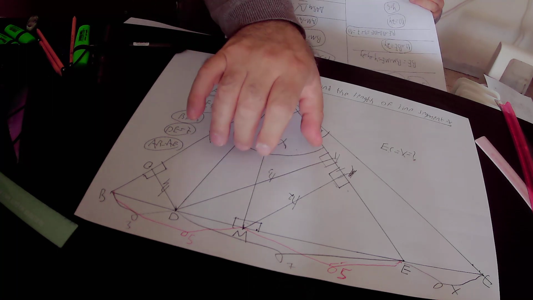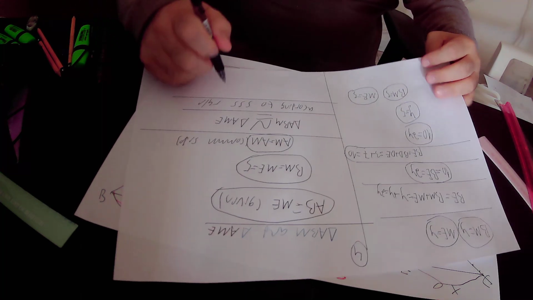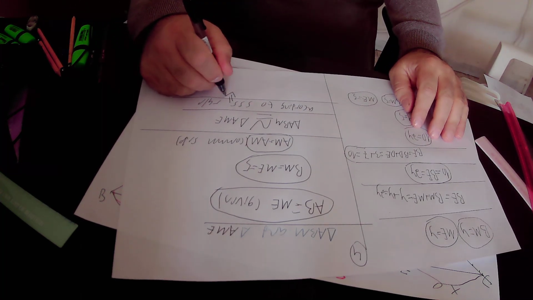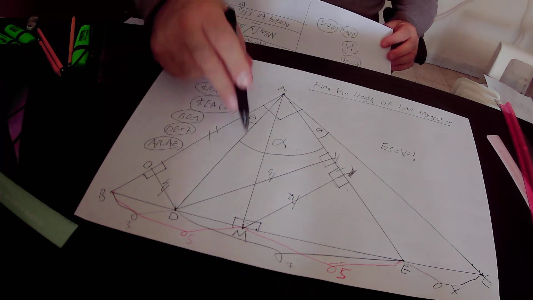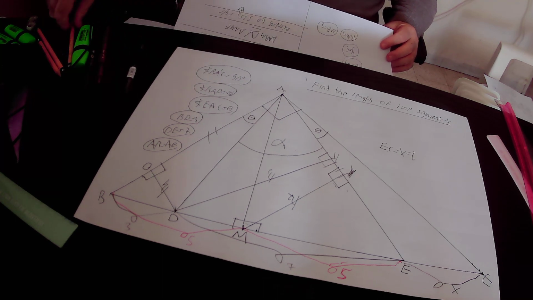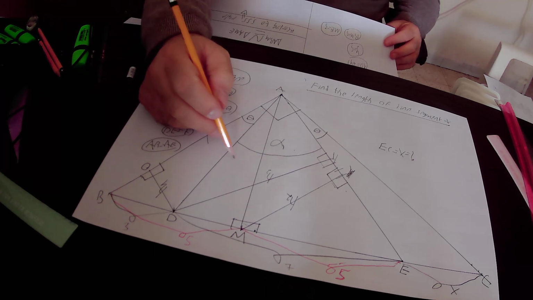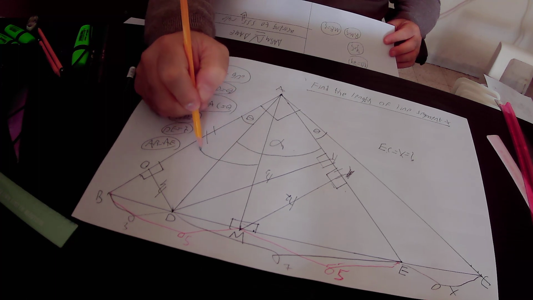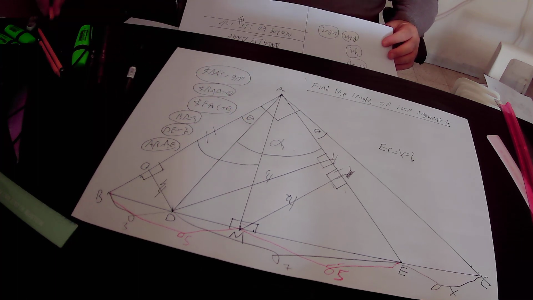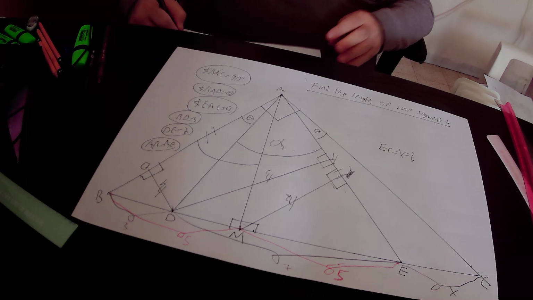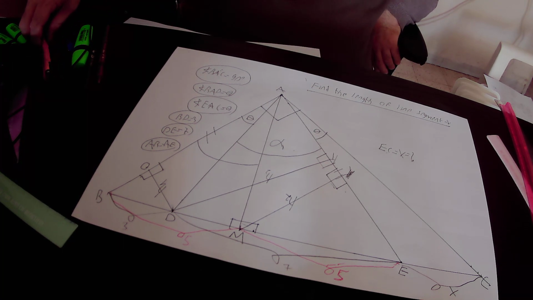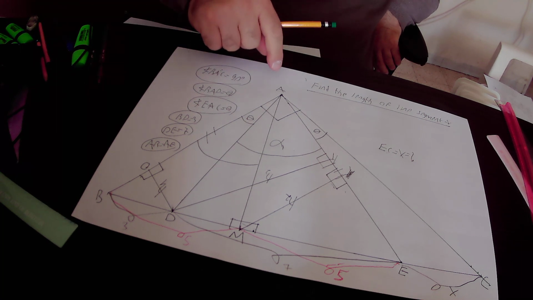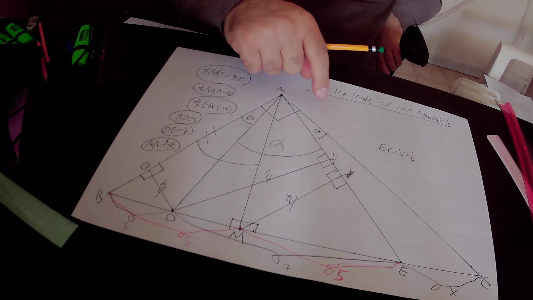And from the fact that those two triangles can go into each other, we will conclude that angle BAM is equal to angle MAE.